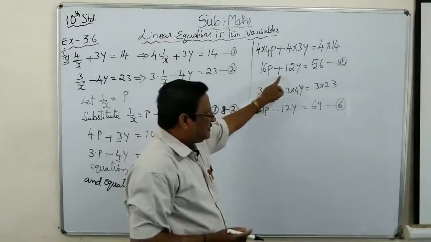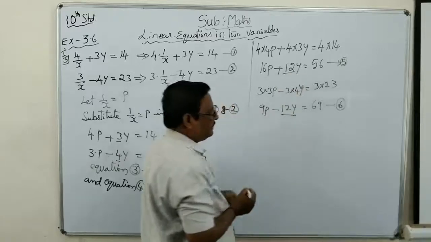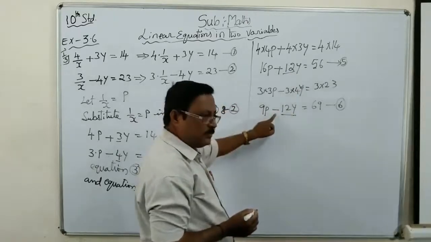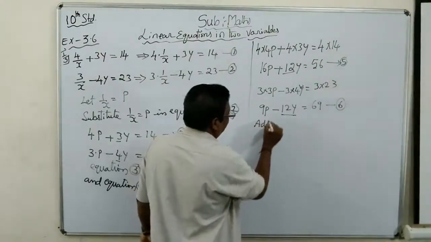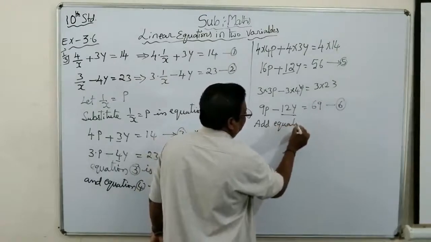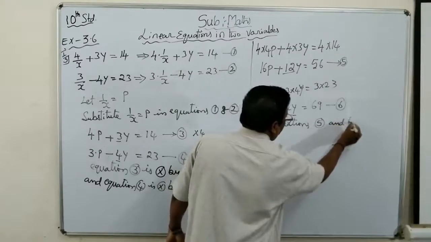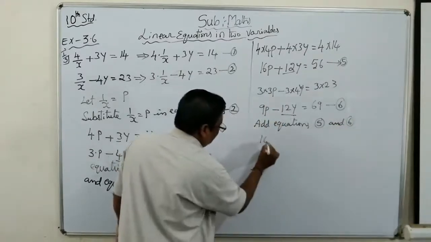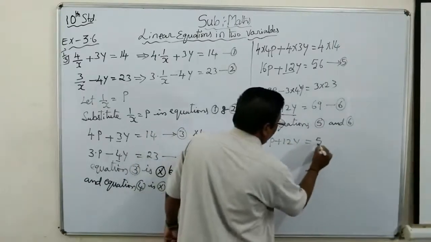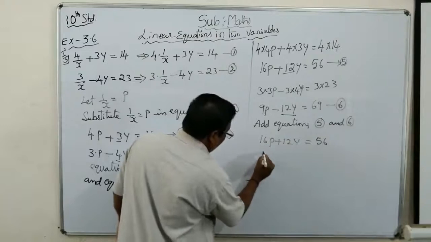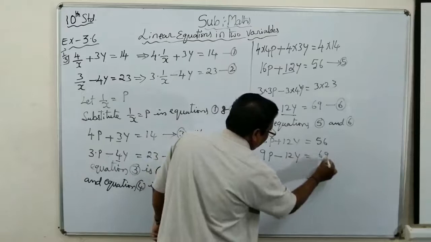After getting the fifth and sixth equations, you see the y coefficient is the same, one with plus sign and another with minus sign. Directly you add equations 5 and 6: 16p plus 12y is equal to 56, and 9p minus 12y is equal to 69.